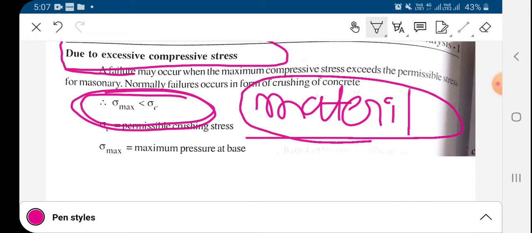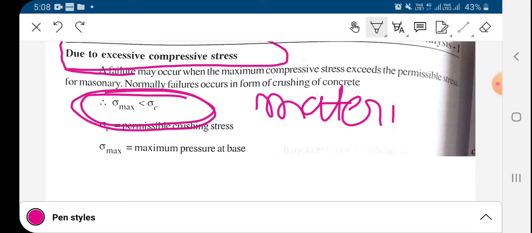So this compressive stress shall not exceed the compressive strength of the material. Then it will be safe in compression.